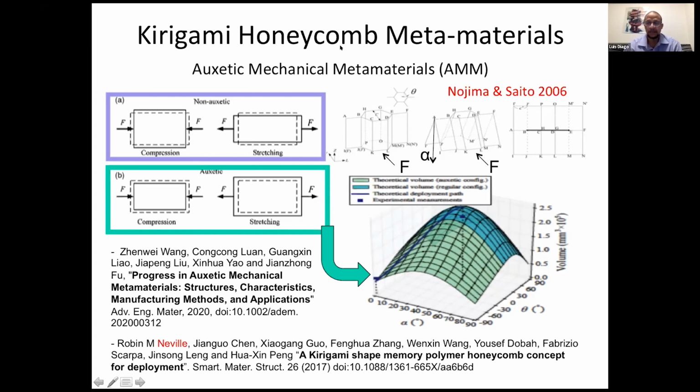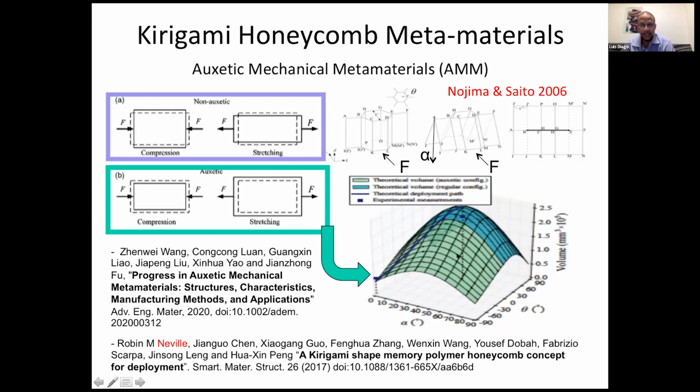For the honeycomb approach for metamaterials, there is some work developed at Bristol University by Neville Cho and this group, where they show that for the honeycomb, the angle theta and the angle alpha in the picture can be changed, and according to these two angles we can know the properties of different materials.